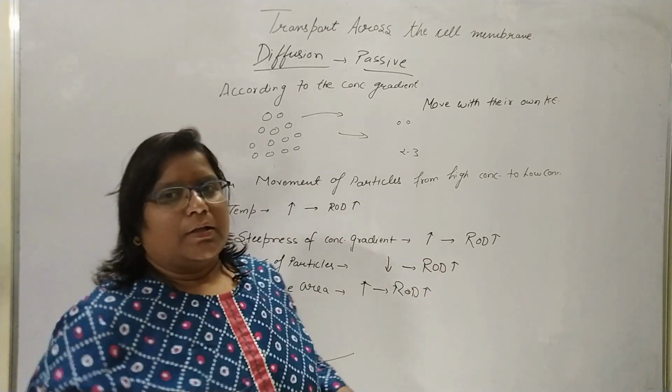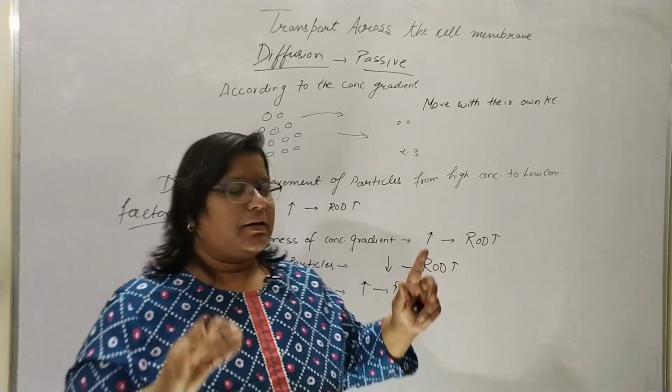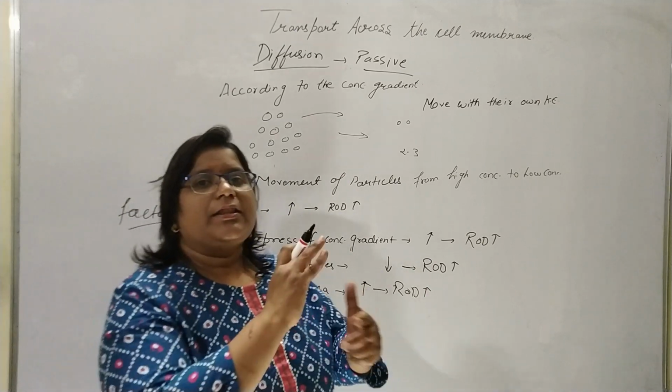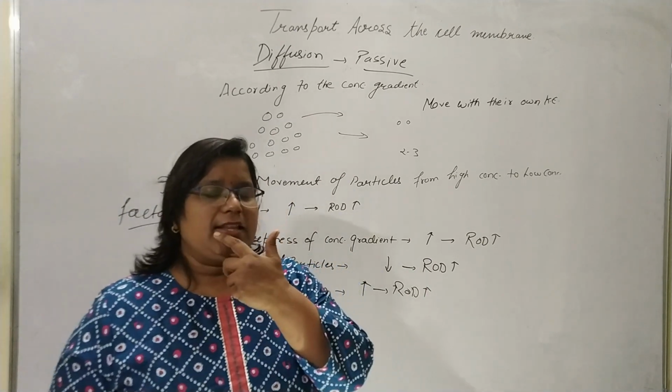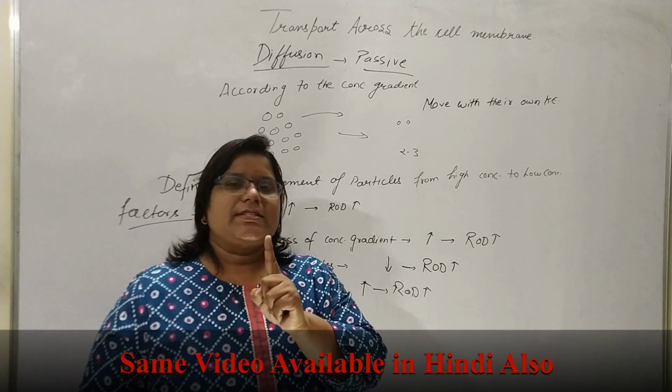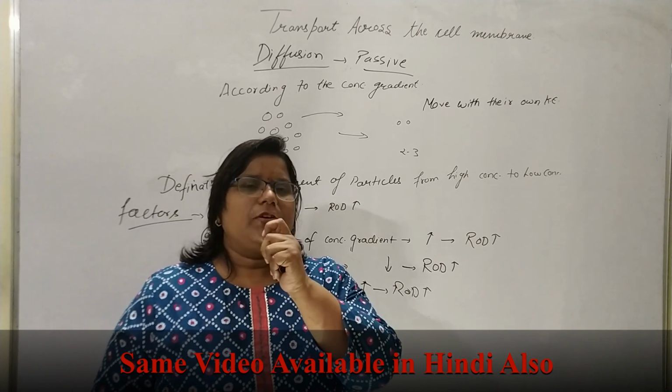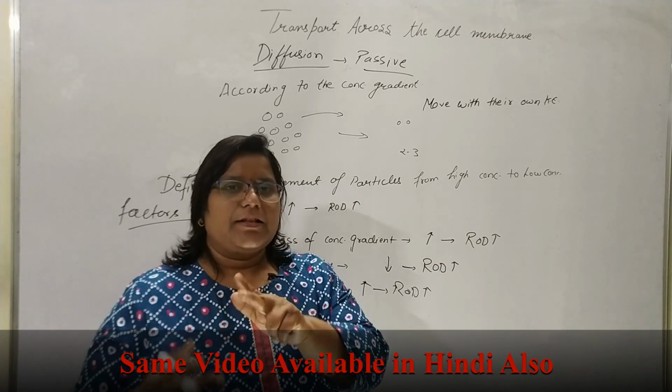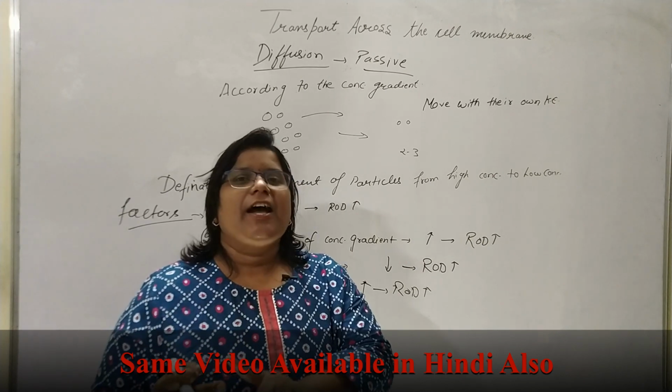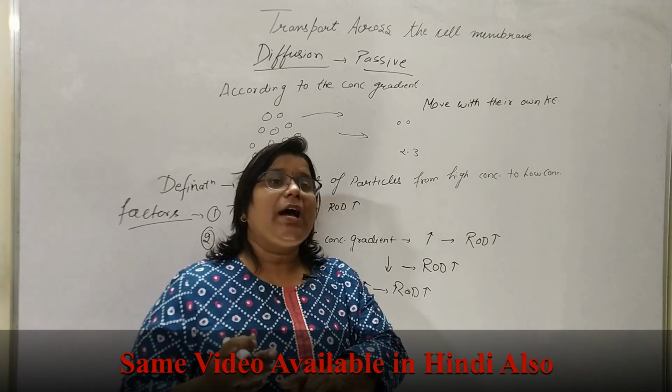Now this is the diffusion part. Now we will see the diffusion according to the membrane, with the help of two subtypes: diffusion through the lipid bilayer and diffusion of the particles through the ion channels.